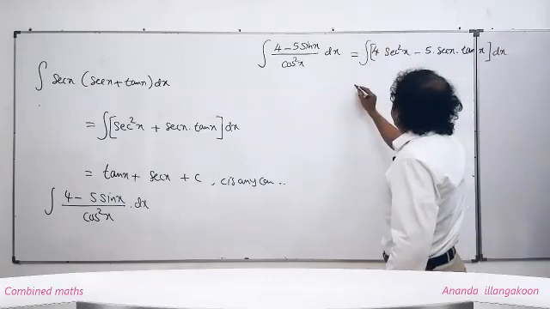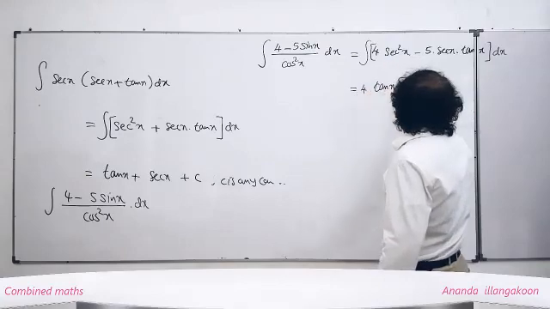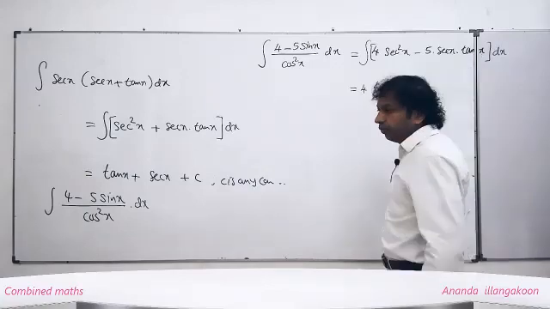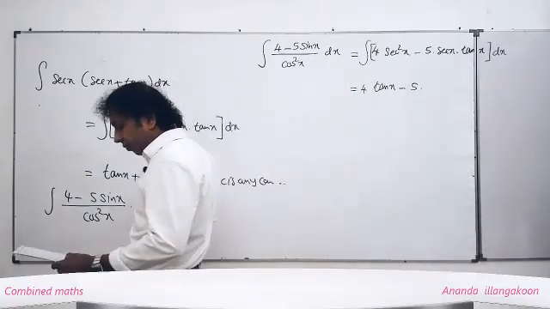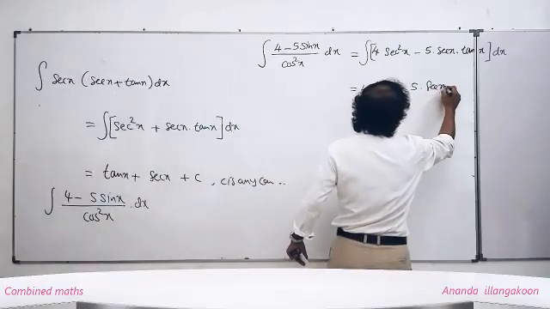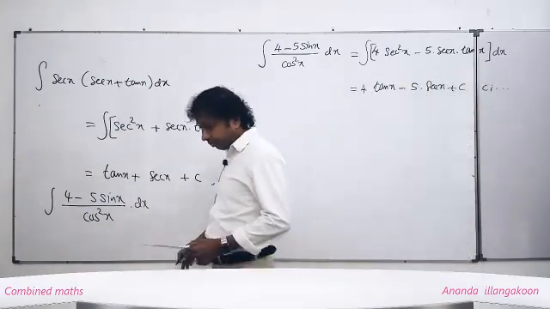Now we can integrate this 4 sec squared x. This is tan x. For 5 sec x tan x, people, the integral of sec x tan x, you know, is sec x, plus c. C is any constant, right?